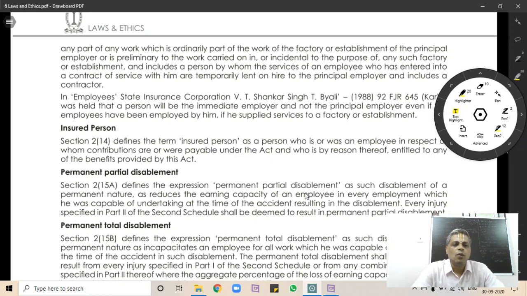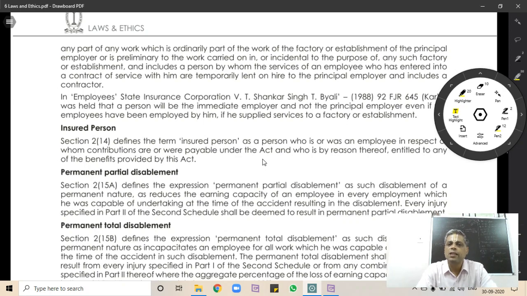Okay. Now, what is an insured person? Section 2 subsection 14 defines an insured person as a person who is or was an employee in respect of whom contributions are or were payable under the act, or who is entitled to any benefits. What the benefits applicable are, we will look into in the subsequent classes.